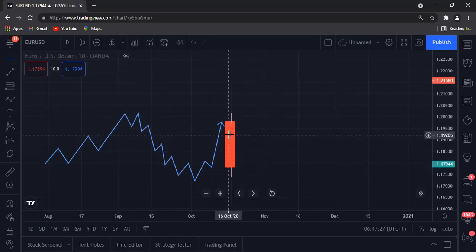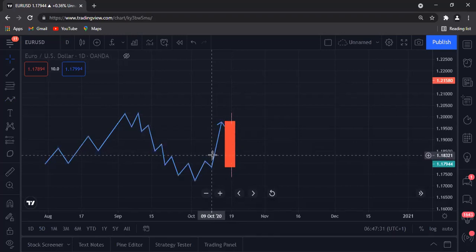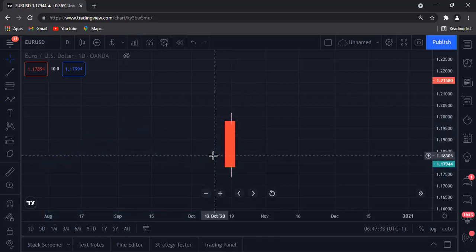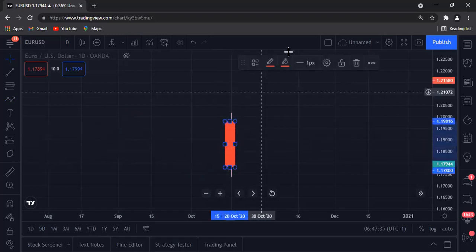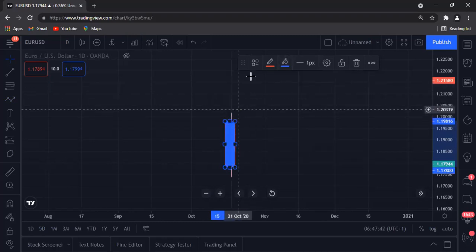Okay. Now let's say this is a bearish candle. The bearish candle is like this upside down. Let's change the color. Let's say this is bearish. Let's use the blue candle.